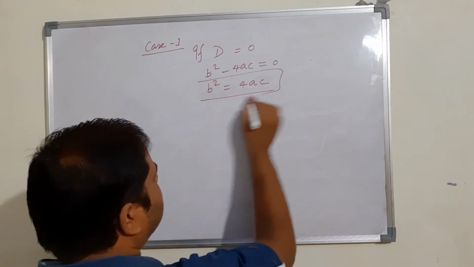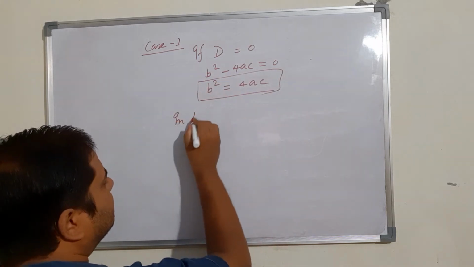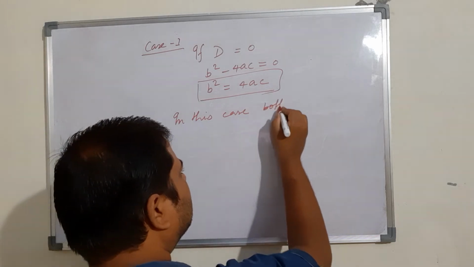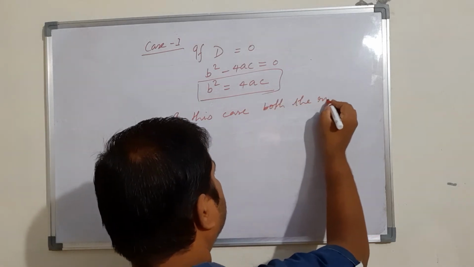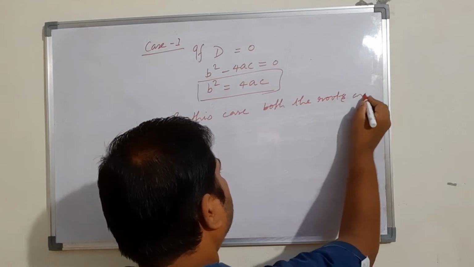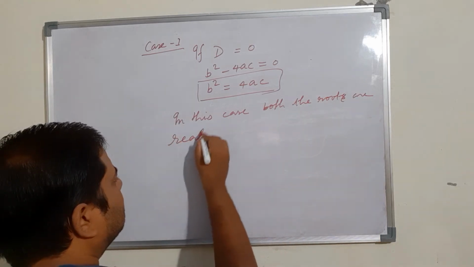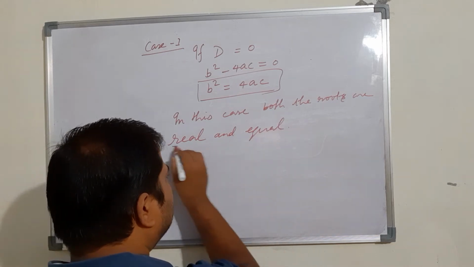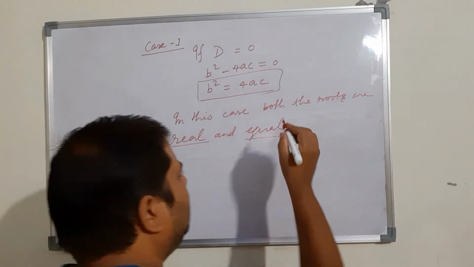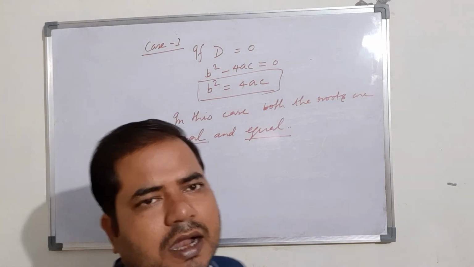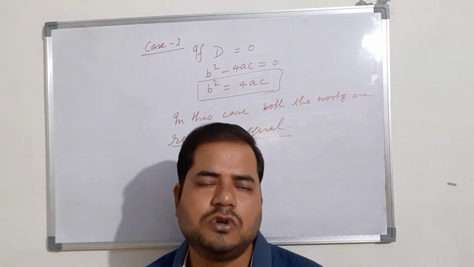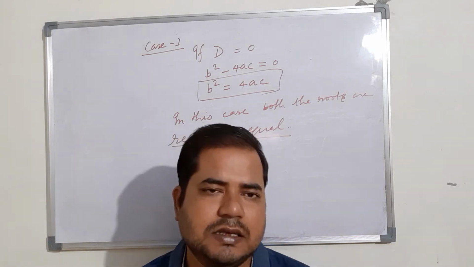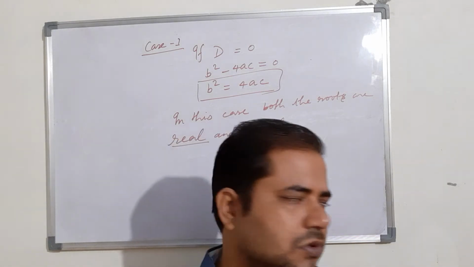In this case, both the roots are real and equal. That means both roots of the quadratic equation are real as well as equal.